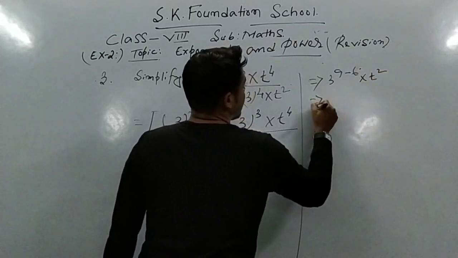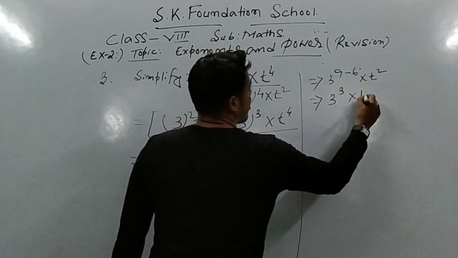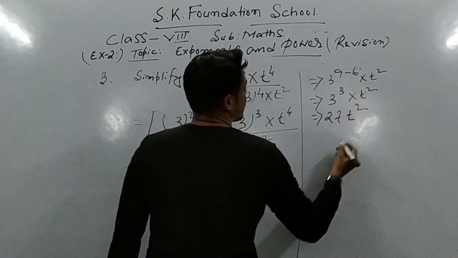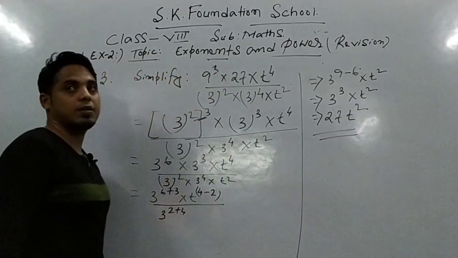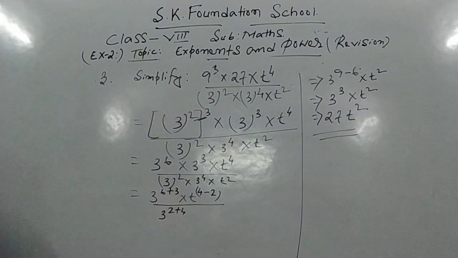Okay, now that means 9 minus 6 is 3, t square, 3 cube is 27 t square. This is our answer. Okay, next move to another example.